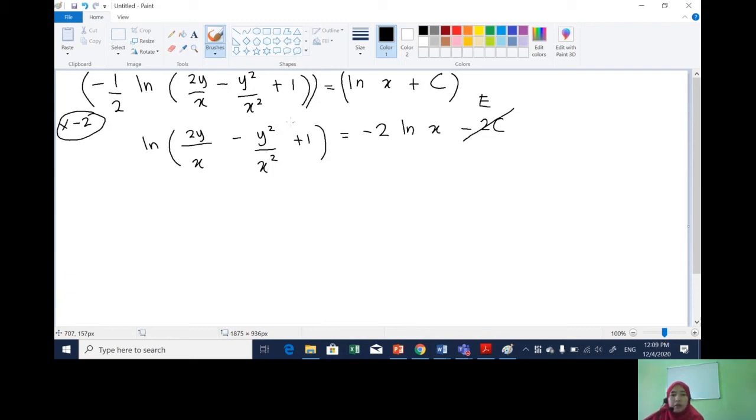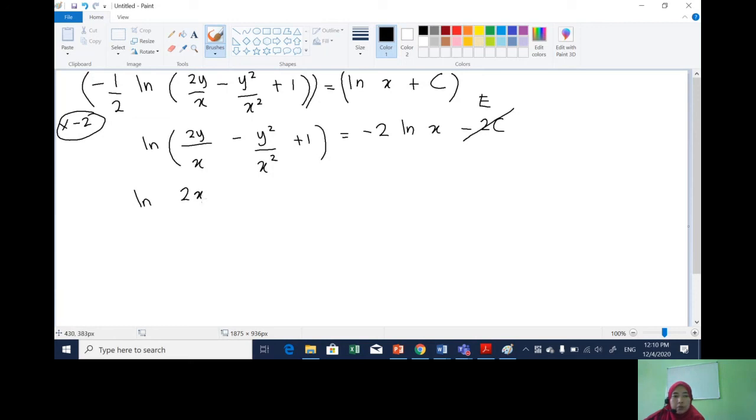Now let's look at the left hand side. Let's combine it as one fraction, the one in the bracket. So here we have ln. To combine, we use the denominator x squared. For this fraction, to make the denominator equal to x squared, we need to multiply by x.